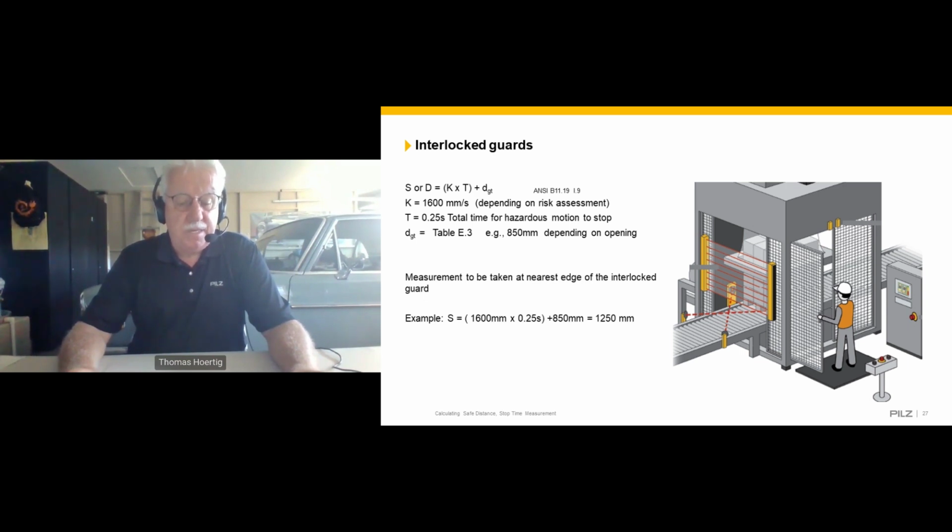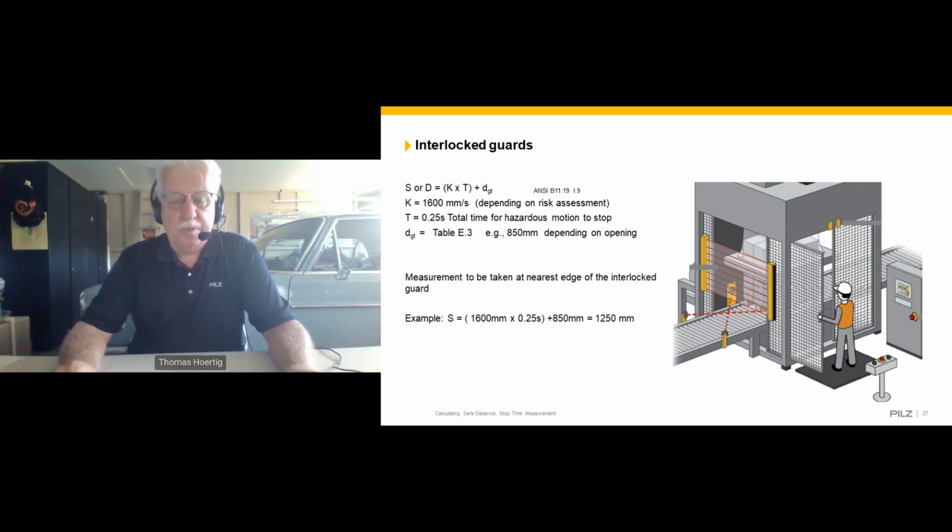We have the 0.25 second stopping time for the hazardous motion to stop. And now comes that DGT that comes out of table E3 in the NCP 1119 standard. And that value, for example, here is 850 millimeters, because it is depending on the opening.